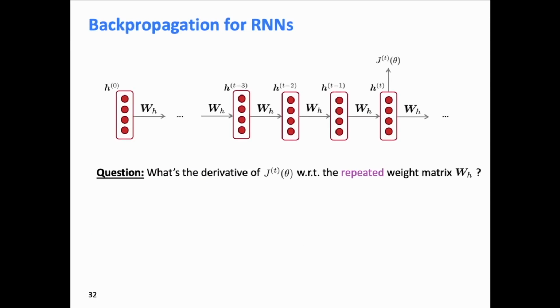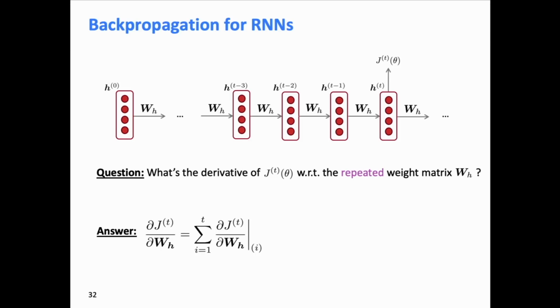Okay. So moving on to backprop, don't worry, there won't be as much backprop as there was last week, but there is an interesting question here. The characteristic thing about RNNs is that they apply the same weight matrix repeatedly. So the question is, what's the derivative of our loss function, let's say on step t, with respect to the repeated weight matrix, WH?